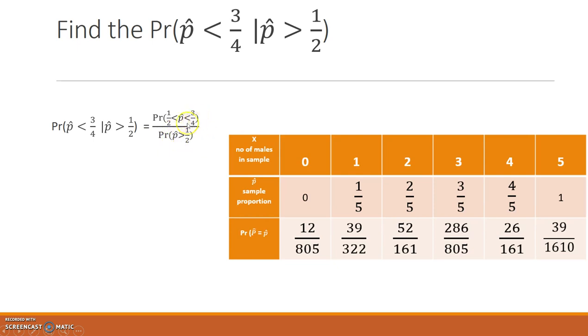To find the probability that p hat is between 1/2 and 3/4, we see from the table that there's only one option which gives us this, and it's the probability that p hat is equal to 3/5. 0.4 is too small, 0.8 is too big. So it's going to equal the probability that p hat is equal to 3/5 over the probability that p hat is greater than a half. From the table, this is equal to 286 over 805, the whole thing over 871 over 1610. That works out to be 44 over 67 or 0.6567.